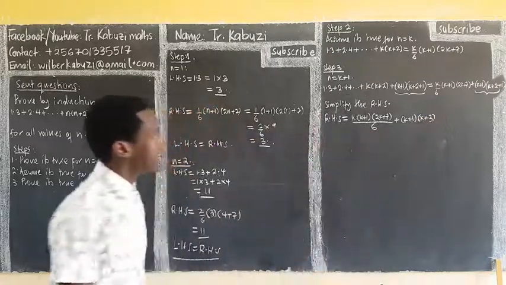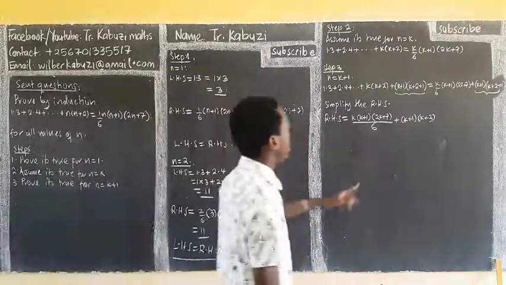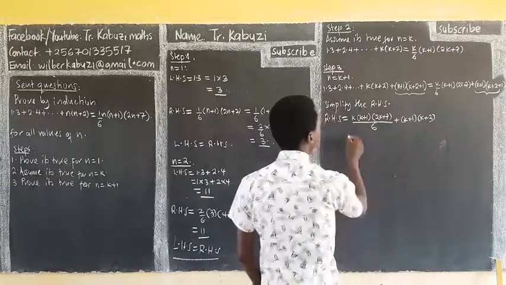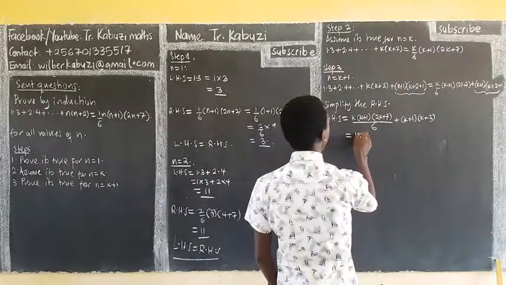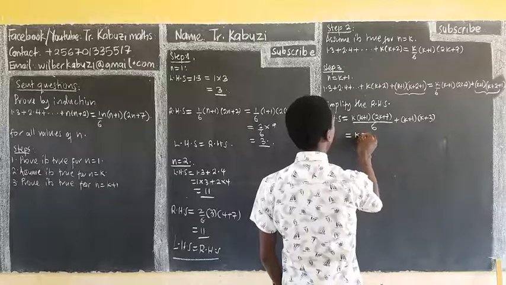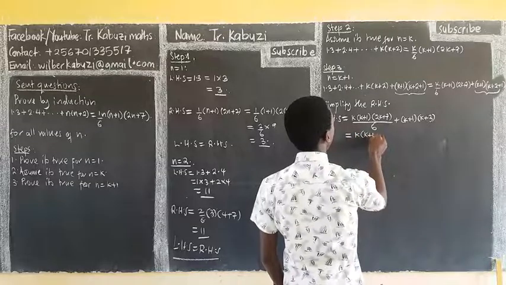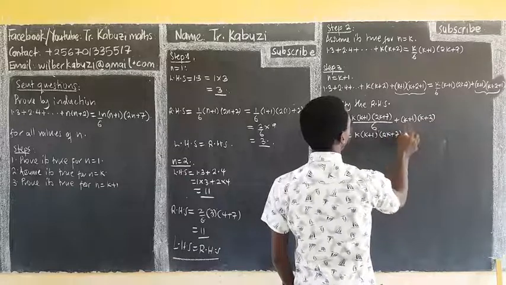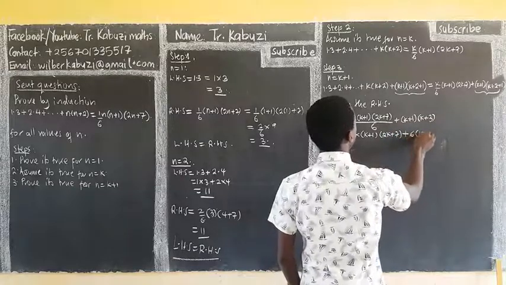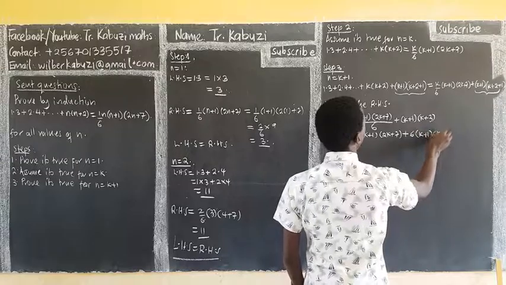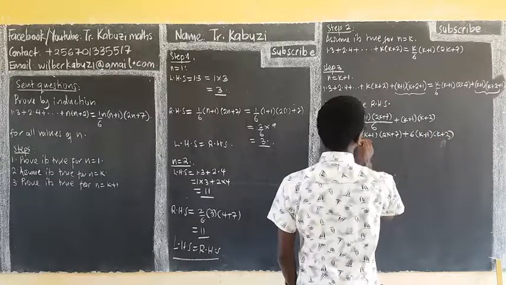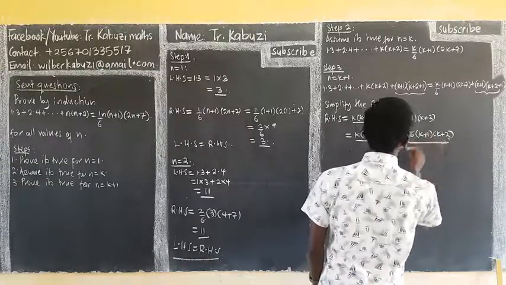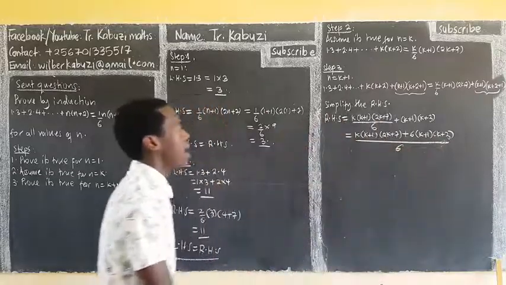So that is the case I'm having. So it's the LCM, I'm going to cross multiply there. Here I have k(k + 1)(2k + 7), cross multiply, I get 6(k + 1)(k + 3), the whole over 6. So that's the idea we are having.